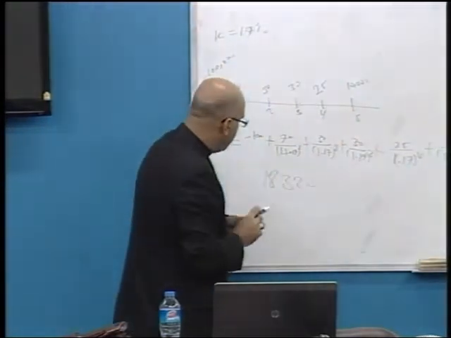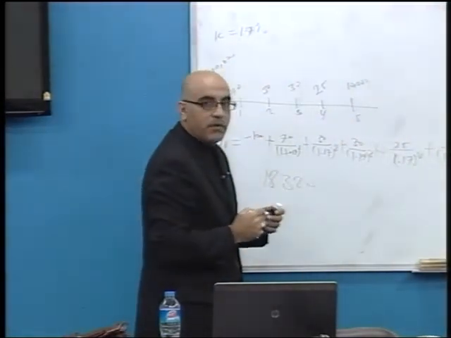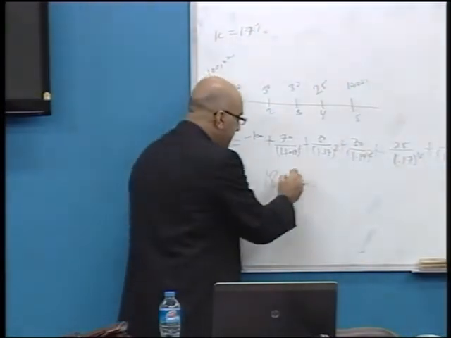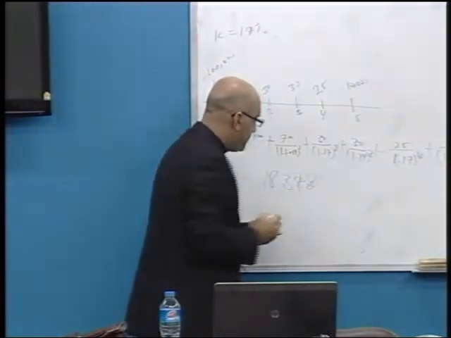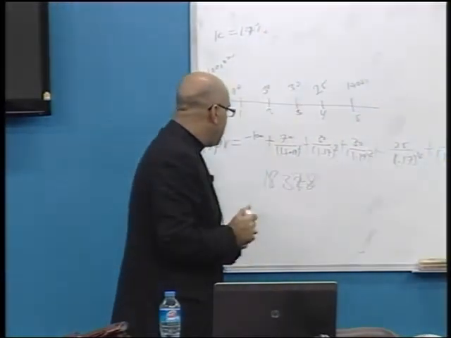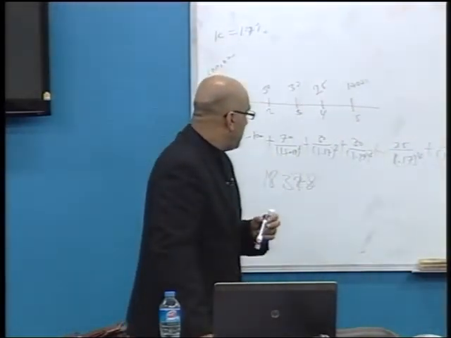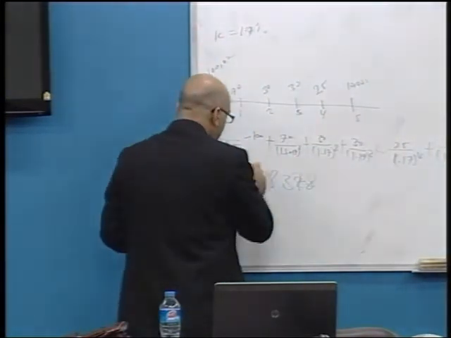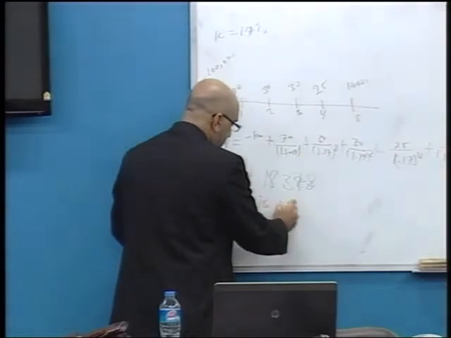So 1832, 18,378. It means positive, so it is accepted.